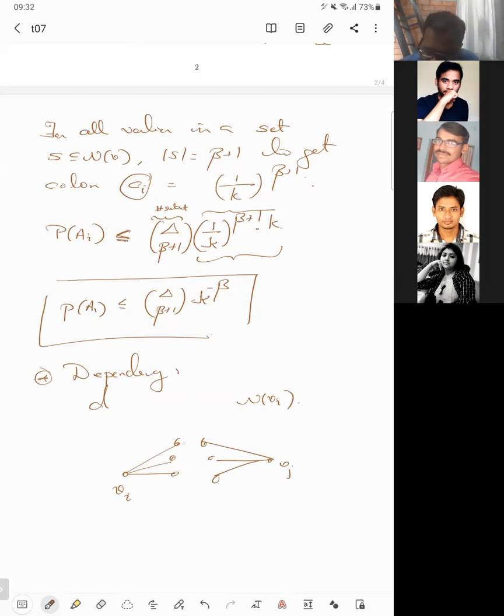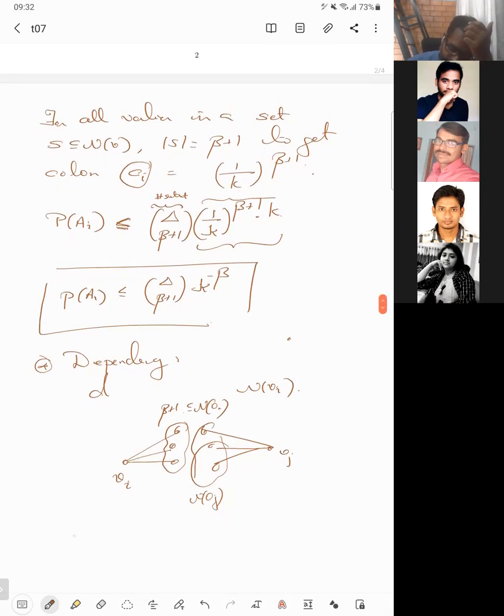This event is only about coloring some beta plus 1 subset of N of Vi, and any event here is about Vj. So if Vi and Vj are at distance at least 3, which means their neighborhoods don't overlap, then they are independent.